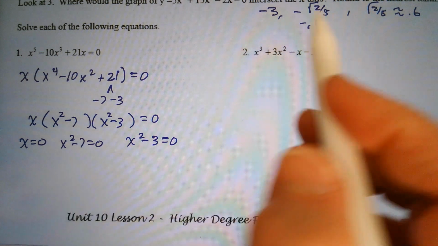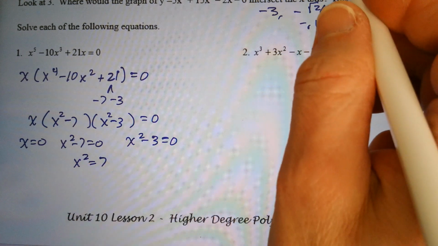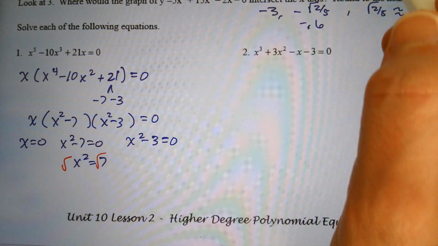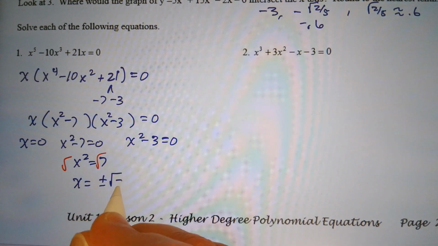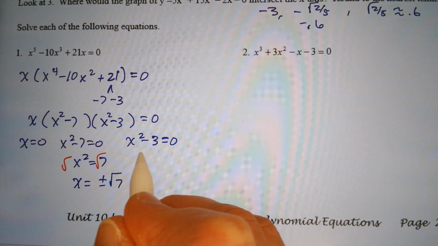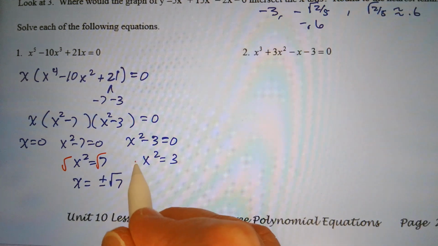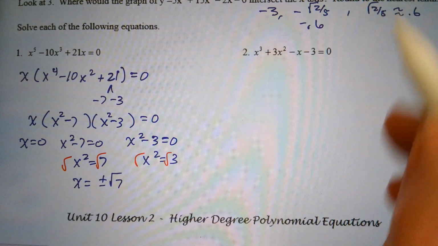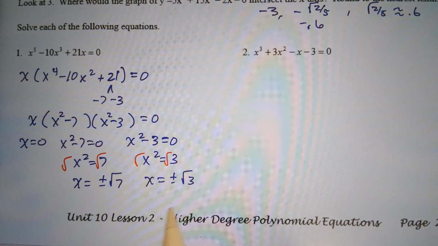Add 7 and take the square root of each side. x equals plus or minus the square root of 7. Add 3 and take the square root of each side. x equals plus or minus the square root of 3.